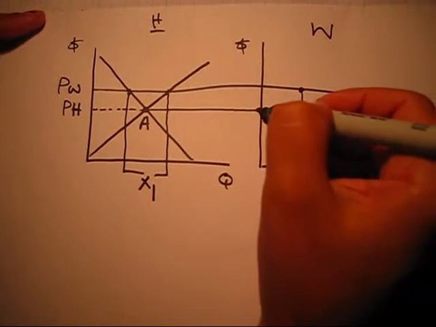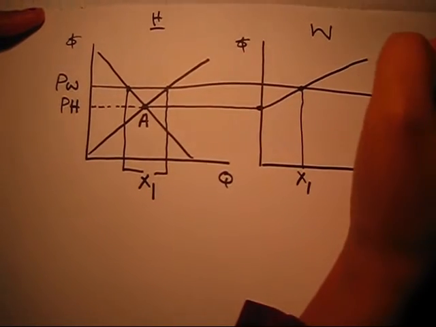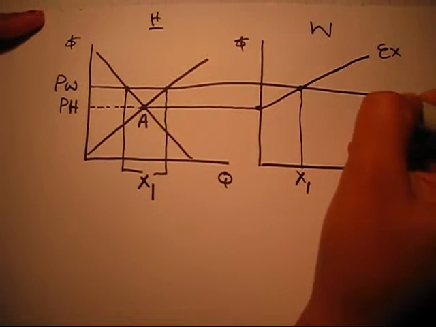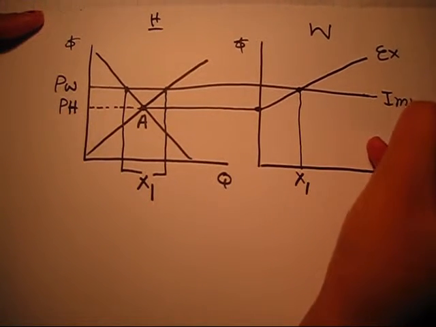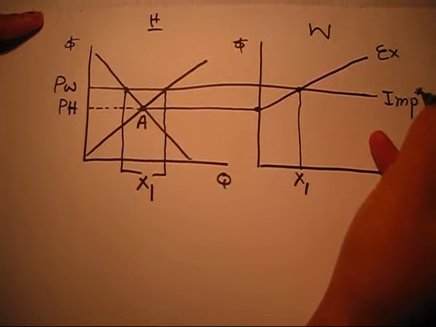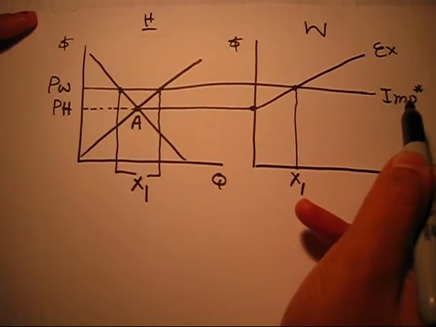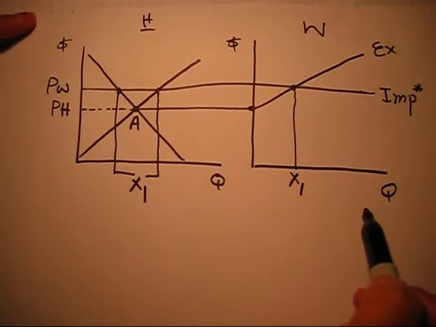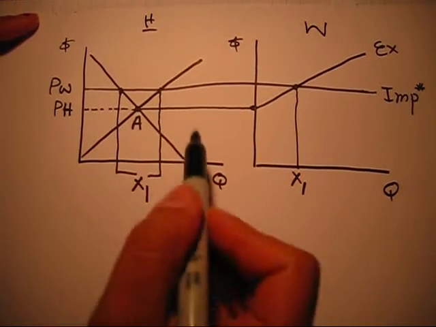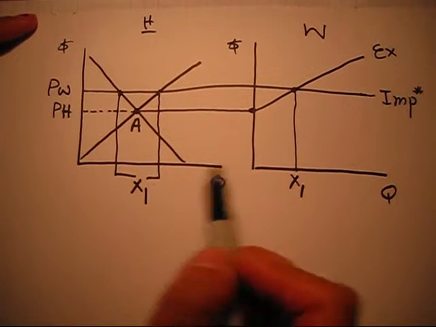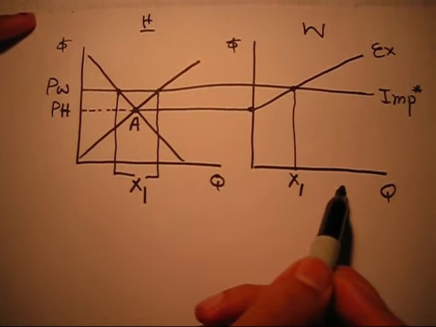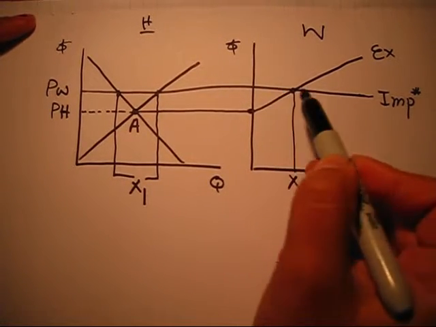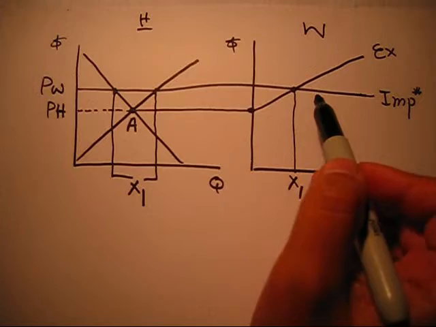Let's join this. This is home export, and this is foreign import. I put a little star to represent foreign. The reason foreign import is a horizontal line, not upward or downward sloping, is because this is a small home country. So if the small home country buys or sells to foreign, it doesn't cause a change in the price of foreign. That's why this import is a horizontal straight line.